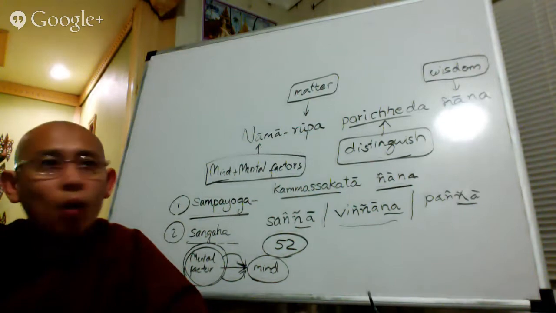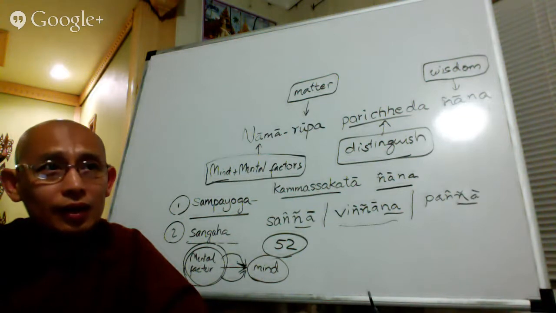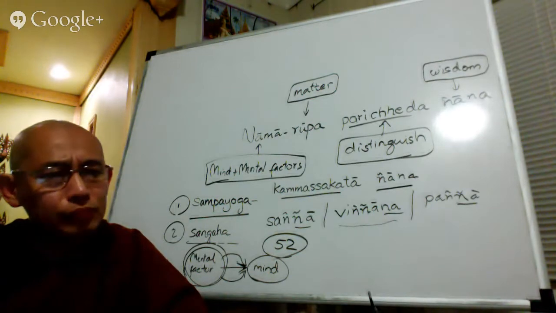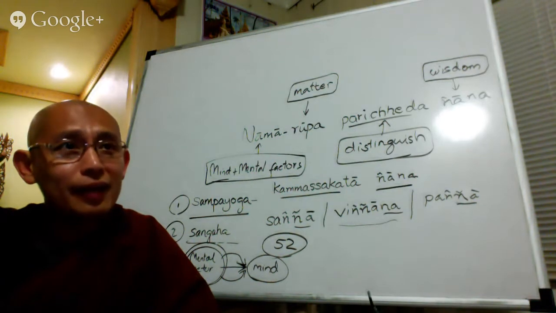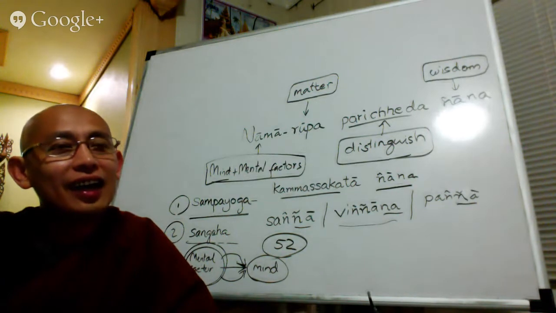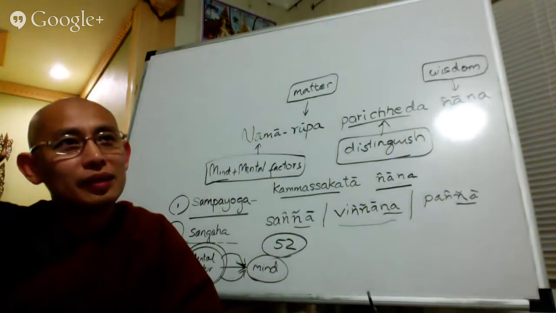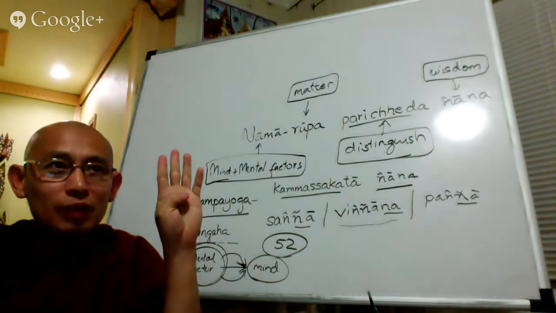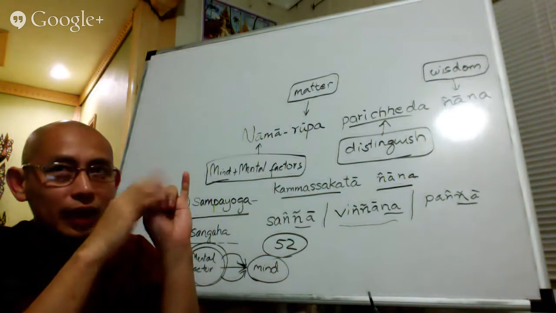So not all Supramundane minds are associated, only the first jhana level. So how many first jhana in the Supramundane mind? 8. Because the Supramundane level has four levels: Sotapanna, Sakadagami, Anagami, and Arahant.